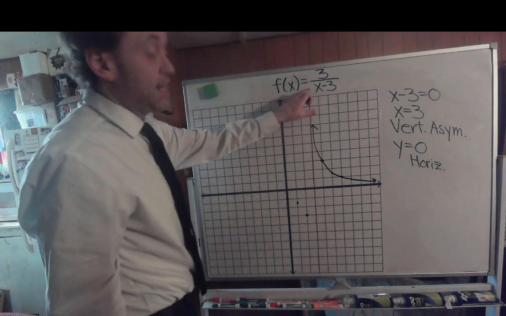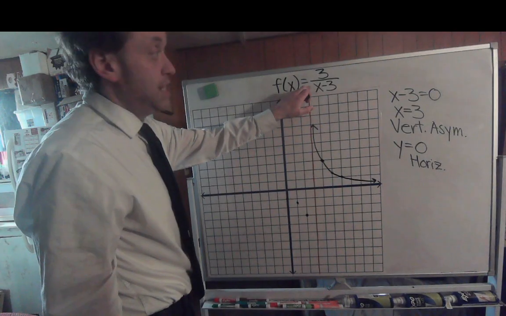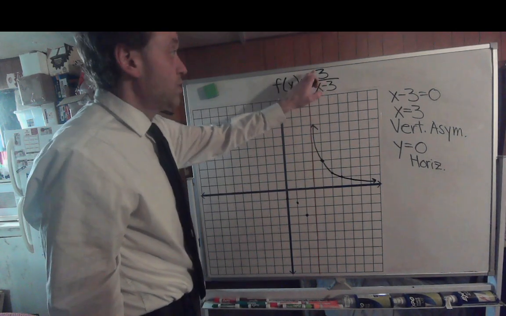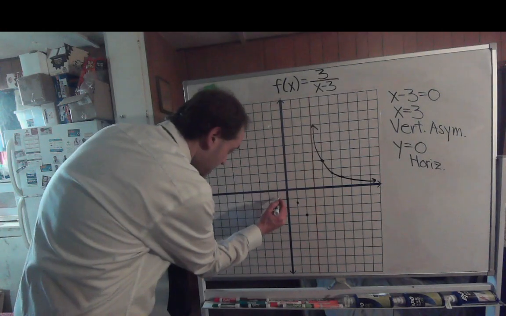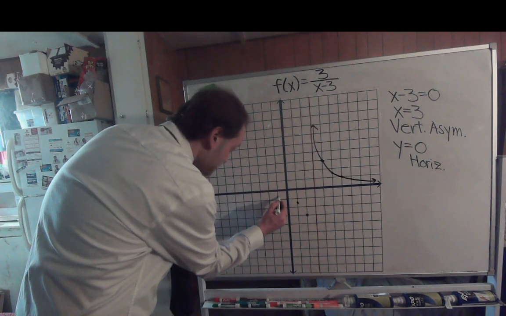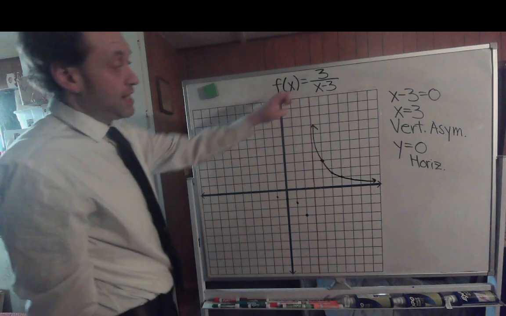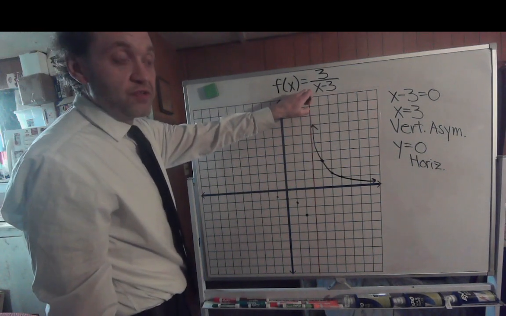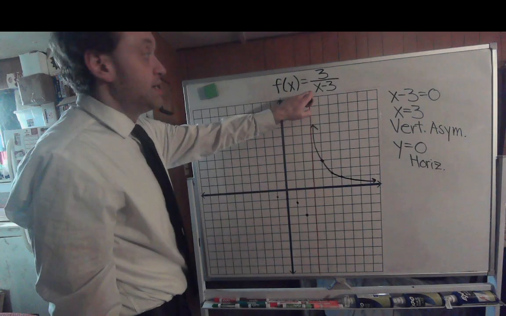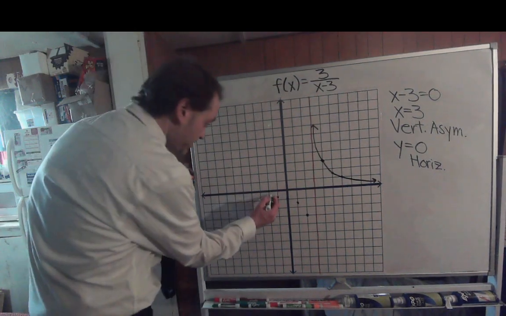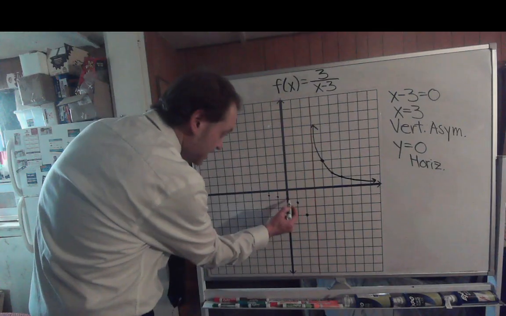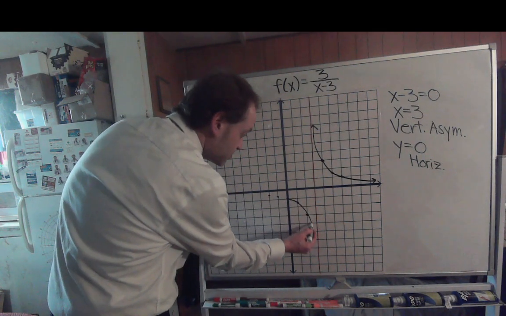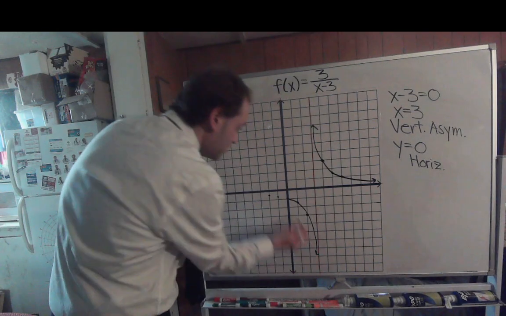Now what about when x actually equals negative 1? Negative 1 minus 3 is negative 4. You would get a y value of negative 3/4. And then when x equals negative 2, minus 3 is negative 5. You would get negative 3/5. And you see it's just getting closer and closer to that y value of 0.